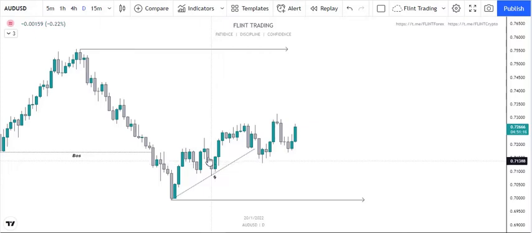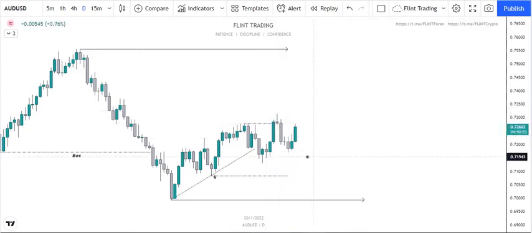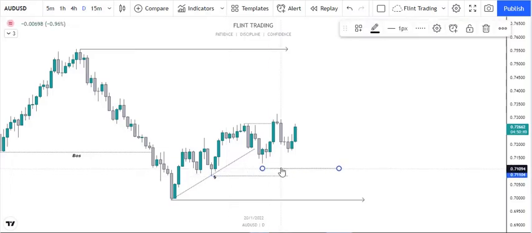Now price broke here, and the overall major structure is this, but within that major structure we have minor structure as well. So price was pushing upside, downside. This was a structural low, this was a structural high, structural low, structural high, which got broken by a few pips here. All right, so our structural low is now this.